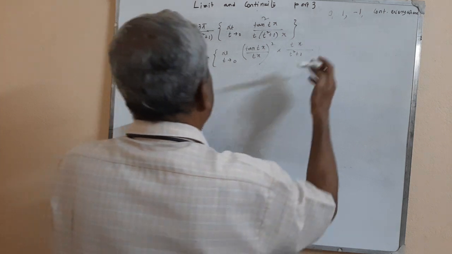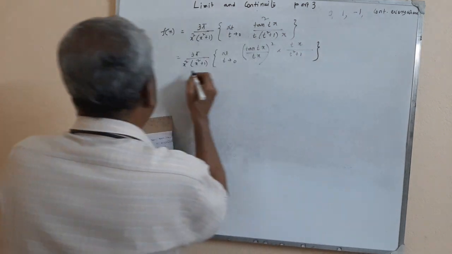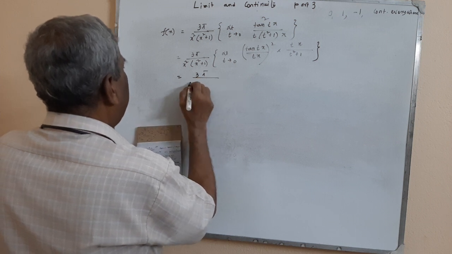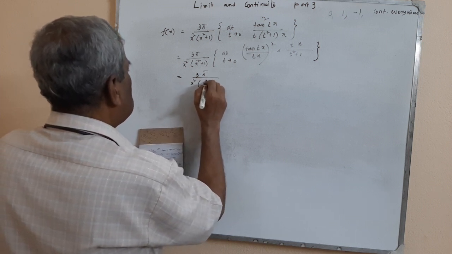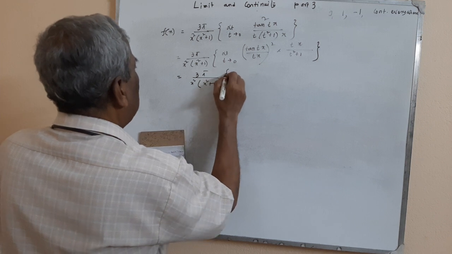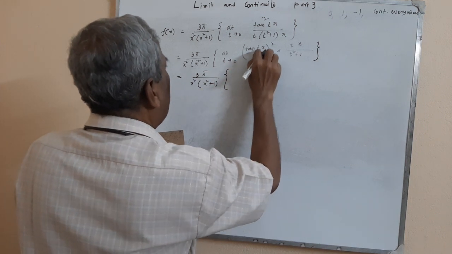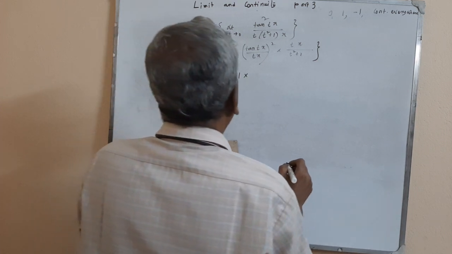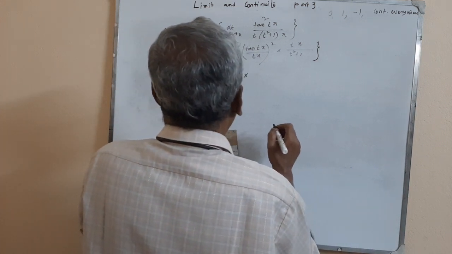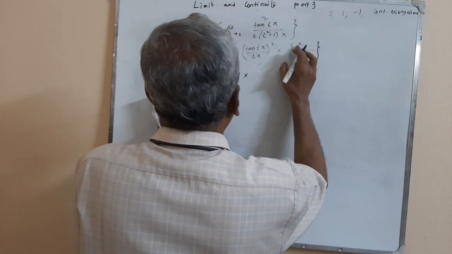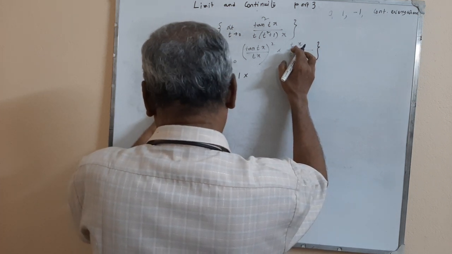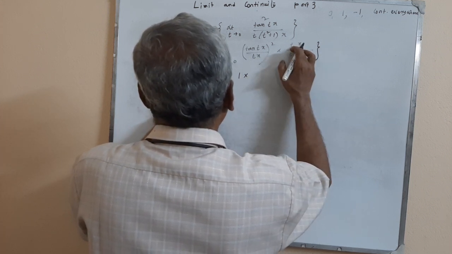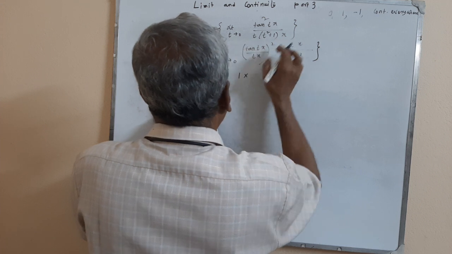So this is equal to 3 pi by x square into x square plus 1 into, this becomes 1 into t square x square, t, x is there.